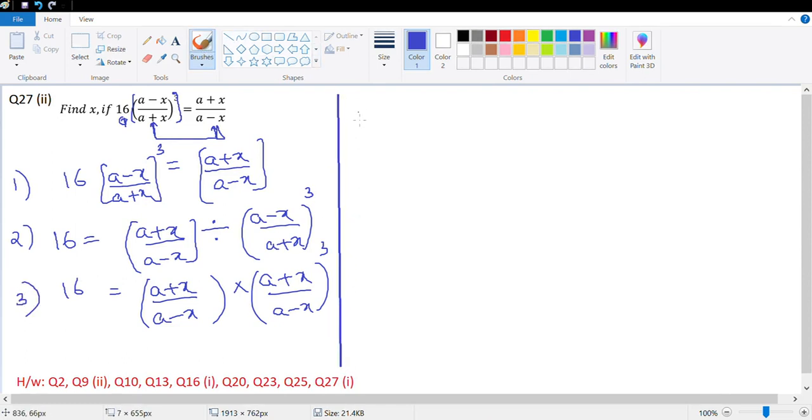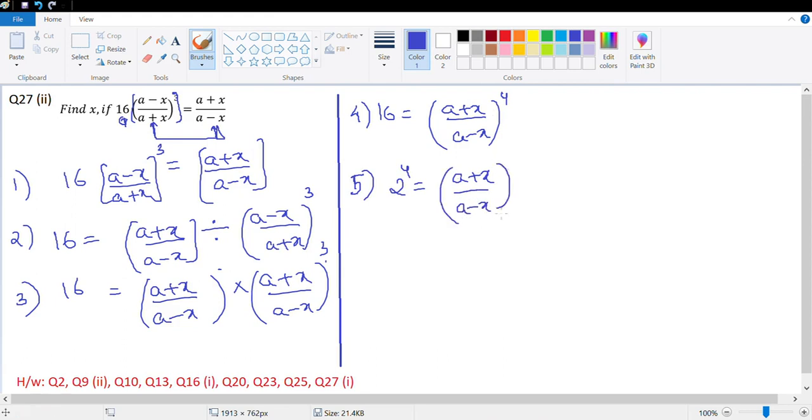Okay, this gives us 16 is equal to a plus x upon a minus x to the power 4. Yes, this is power 1, 3, this is power 1. You add the power since the bases are the same. So we get 16 is equal to something to the power 4. 16 can be written as 2 to the power 4, and this is equal to a plus x upon a minus x to the power 4. Taking the fourth root of both sides, we get 2 is equal to a plus x upon a minus x.